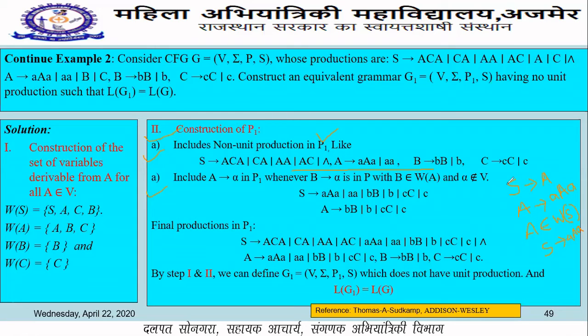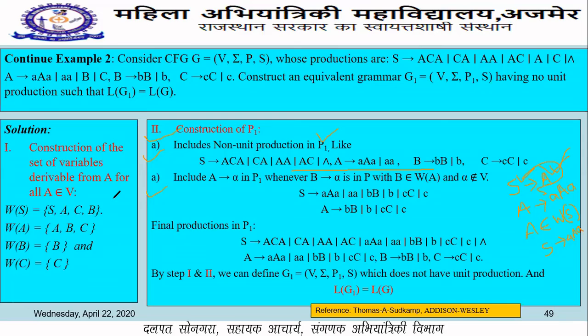We know that S tends to A is a unit production which is available in the set of production P. So we know that whatever is derived by A, that is also derived by S. So if A derives small a, capital A and small a, then indirectly S also derives these. So we can write S tends to small a, capital A and small a. So how do we achieve this? By using this step.